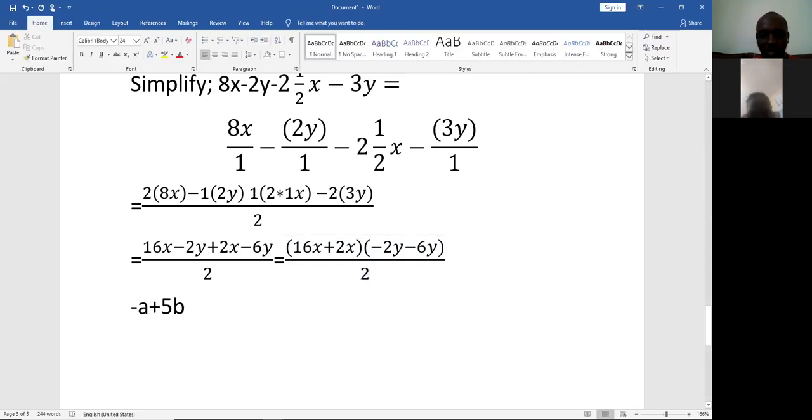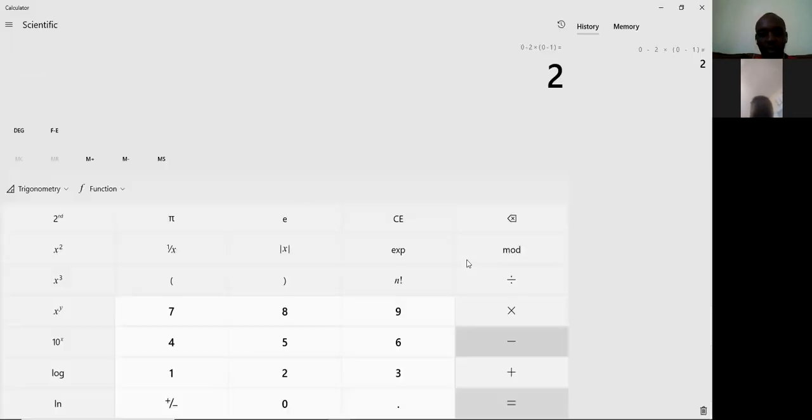So I can simplify this by saying 16x plus 2x is 18x. Then I can say negative 2y minus 6y, negative 2 minus 6 is minus 8. So if you come here to your calculator and then you say minus 2 minus 6, the answer is minus 8. You are subtracting.